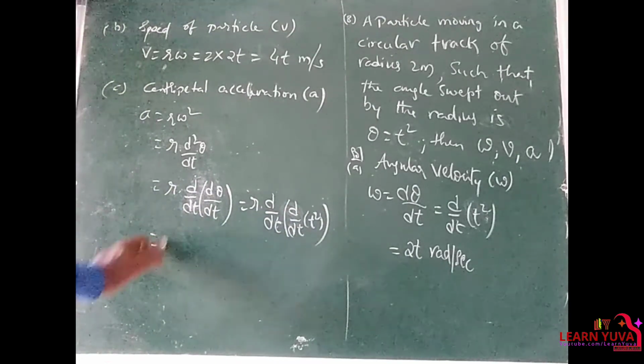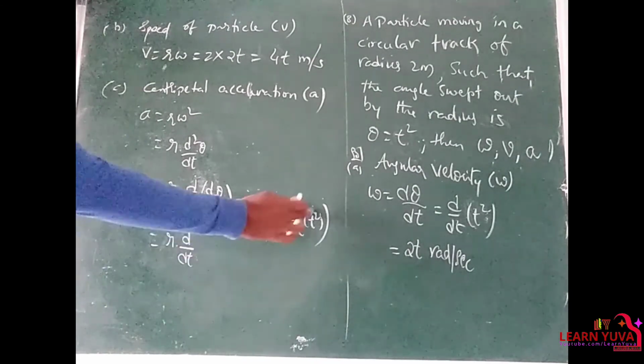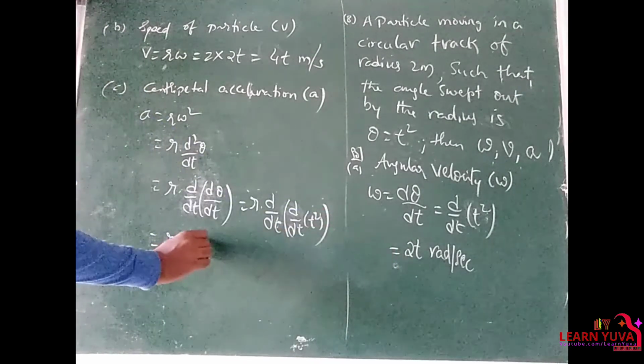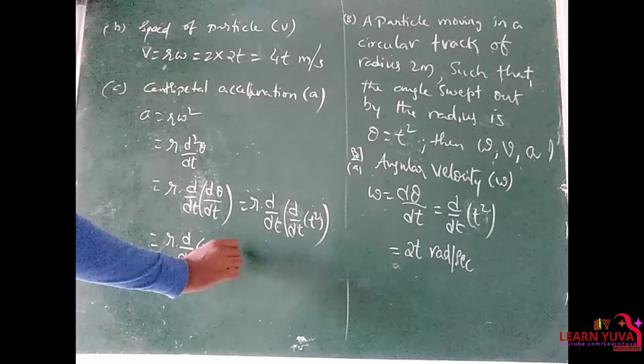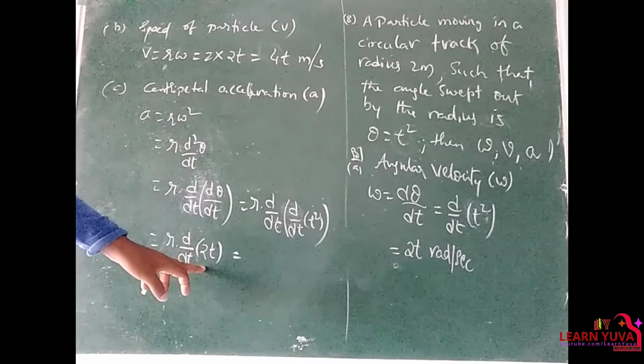So that is equal to r into d by dt of d theta by dt, and we already got that value, 2t. So that is equal to r into d by dt of 2t. Again we have to derivative this.